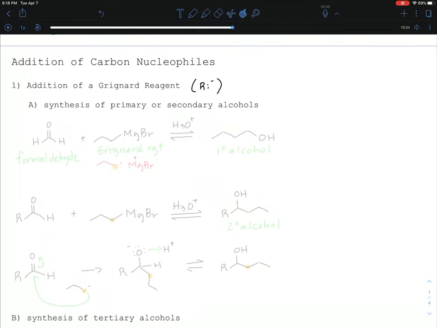There's a couple of ways here that we can react these Grignard reagents. We can react them with formaldehyde, the simplest of all aldehydes. So plain old formaldehyde. And I can hit this with your old garden variety Grignard reagent. Doesn't really matter.